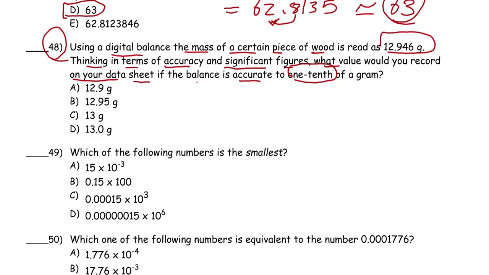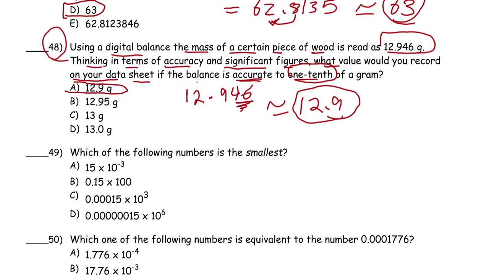So hold on, 12.946. You need it accurate to 1/10, so 46 you cancel it, right? So the answer will be 12.9 only. The answer is letter A.